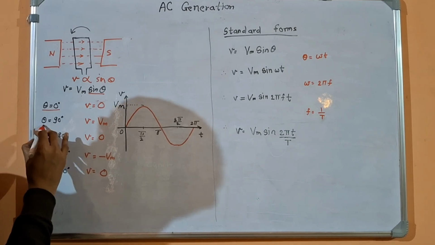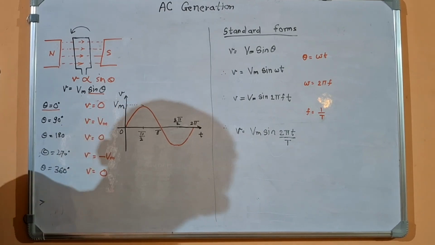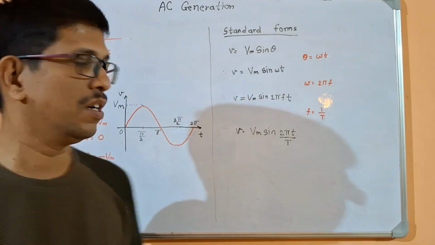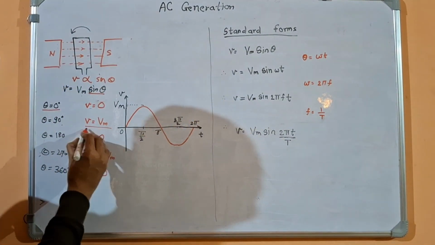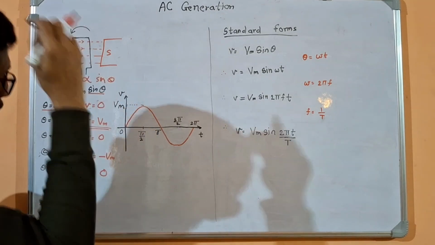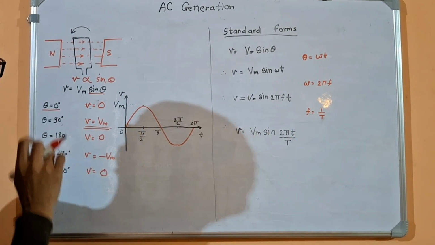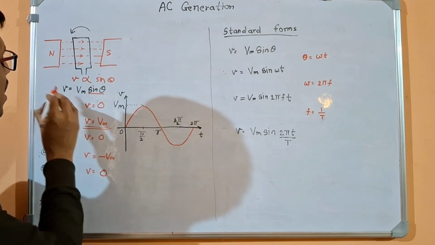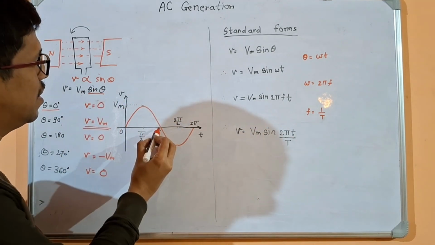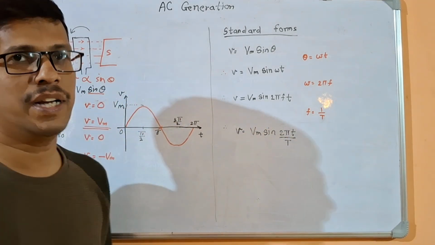At theta is equal to 90 degree, V is equal to Vm, because sin 90 gives me 1. So this is the maximum value I can attain. This is that point, pi by 2. Then at theta is equal to 180 degree, we will get V is equal to Vm sin 180, that will be 0, because sin 180 is 0.